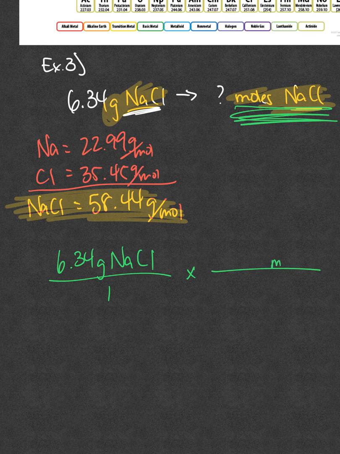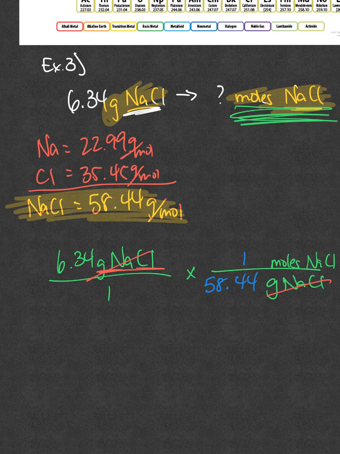I'm going to put this on top because that's what I want, and I want to put grams of NaCl on the bottom because that's what I don't want. Since I have grams here, I want to get rid of it, and by putting grams in the denominator, on the opposite side of this fraction, it'll allow me to get rid of it. We know that for every 1 mole of NaCl, the molar mass is 58.44 grams.